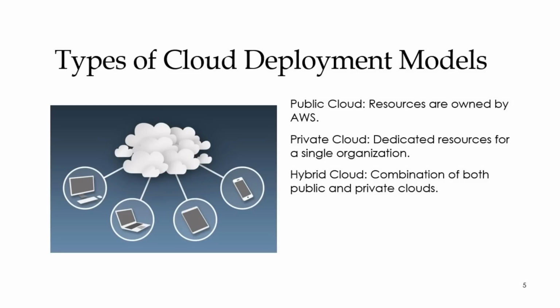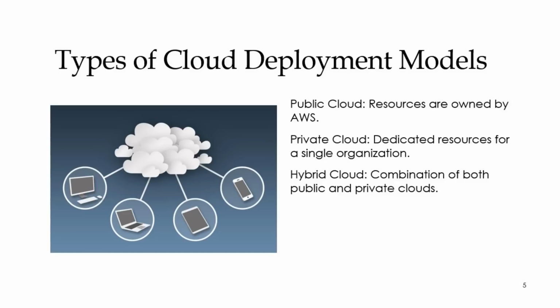For businesses with sensitive data or regulatory compliance requirements, AWS offers a private cloud model. In this model, you get a dedicated, isolated environment within AWS's infrastructure, providing enhanced security and control over your data. It's like having a private chef and kitchen dedicated to preparing your pizza, ensuring exclusivity and privacy.